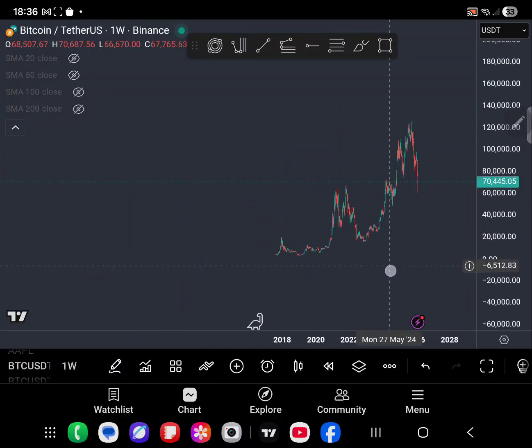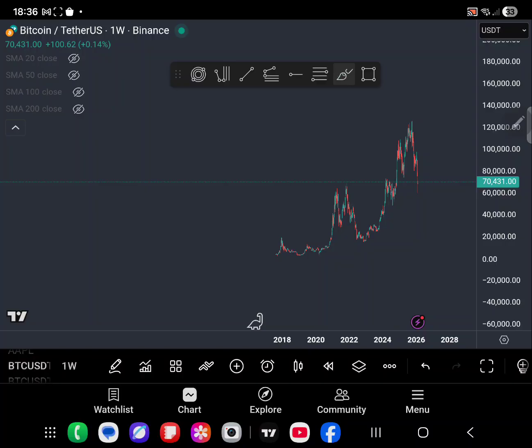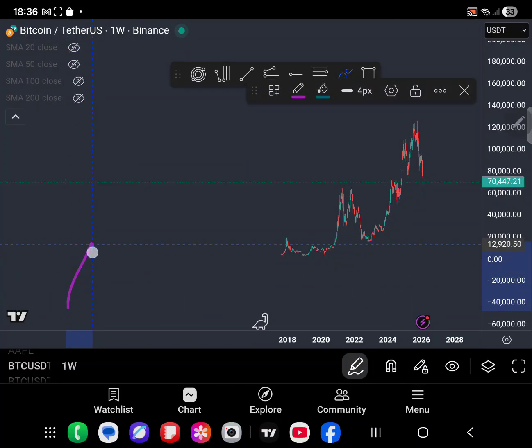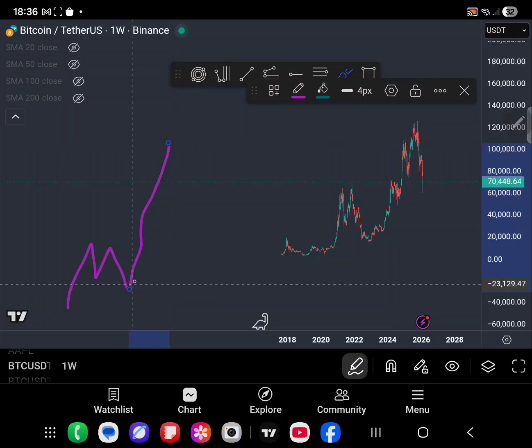If you don't know anything about Elliott wave, you're probably wondering what the hell I'm talking about. An impulse wave is usually like this. It goes one, you get a two, and a two can come back, it can retrace maybe 70%, 80%. And then you get a longer wave three. This is another impulse wave.